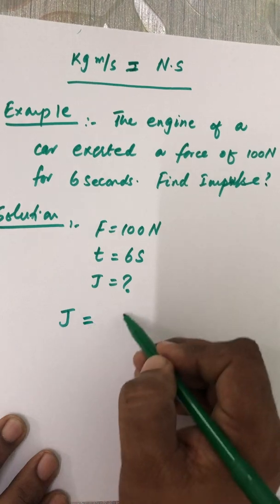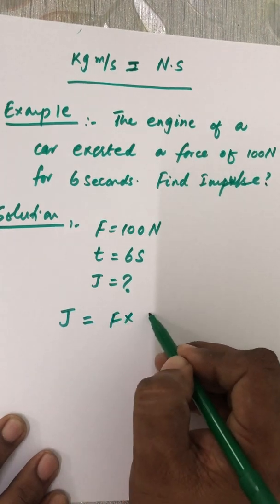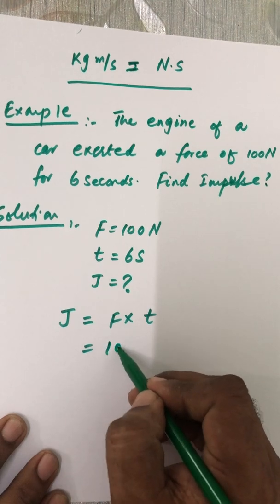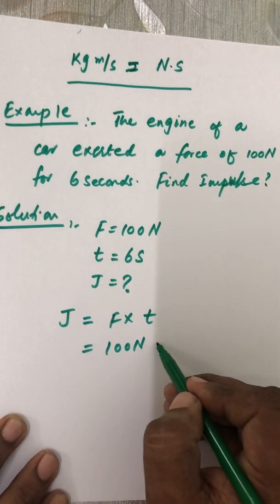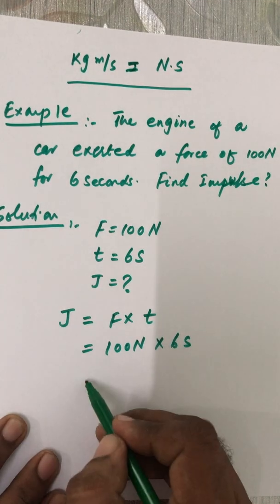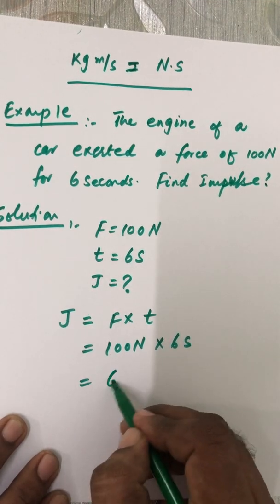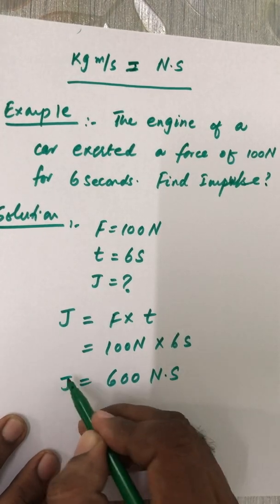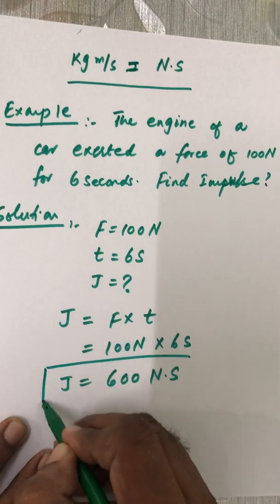J equals force times the time. It's a very simple question. Force is 100 Newton, multiplied by the time, that will be 6 seconds, then 100 times 6 will be 600 Newton second. This is the answer.